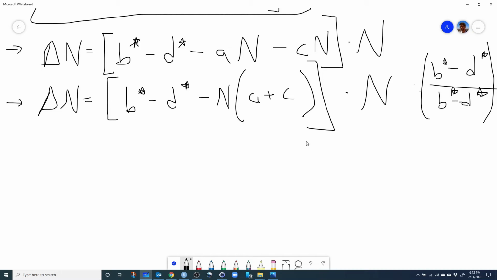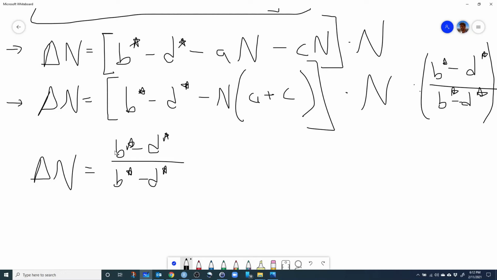All right. So the next thing is maybe to write out, we'll just move this b minus d over b minus d, this 1. We're going to move it around to the other side so it'll be more obvious what we're doing. So now we have, this is the most complex thing we're going to write out, and then we're going to simplify after that. All right, so what we have is b star minus d star over b star minus d star.